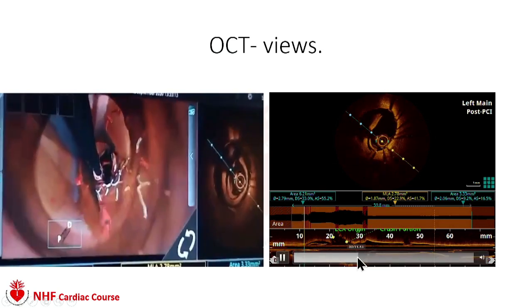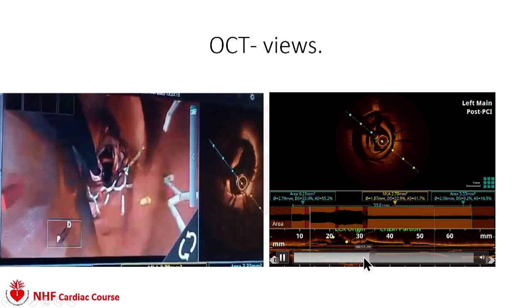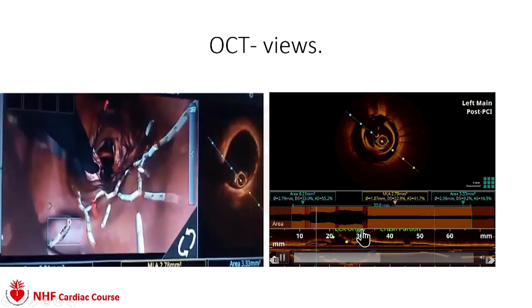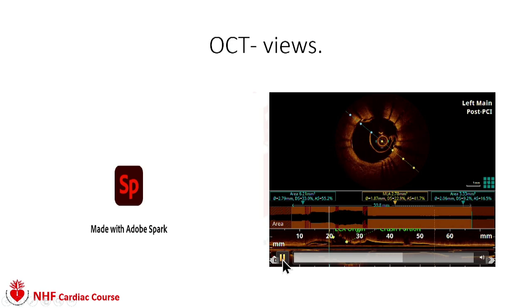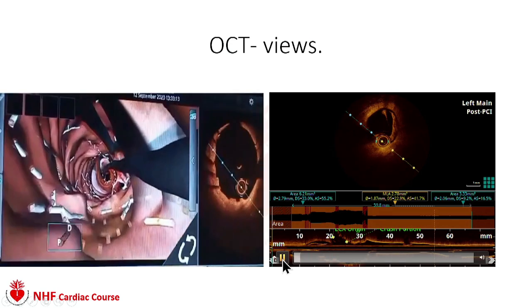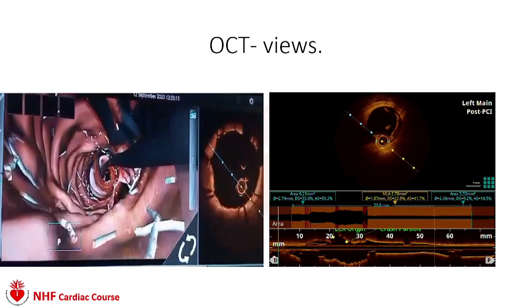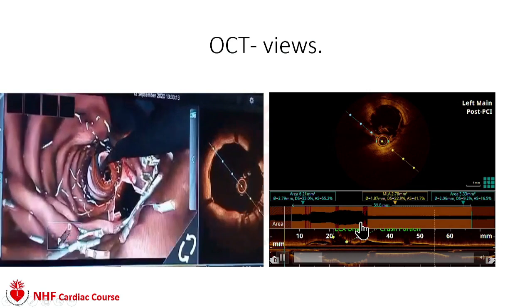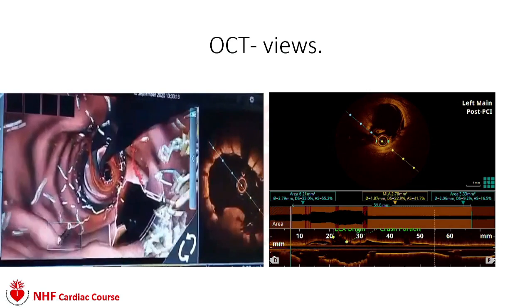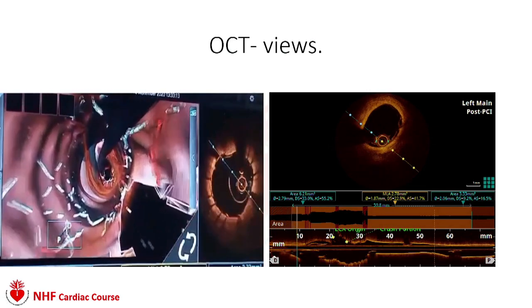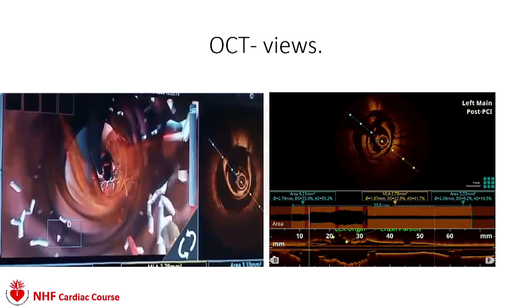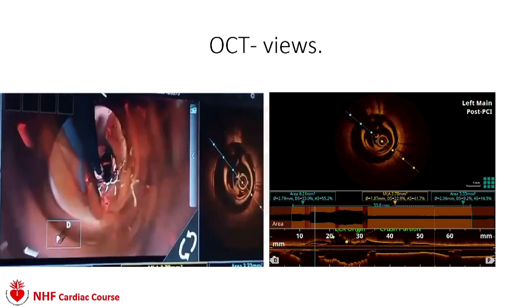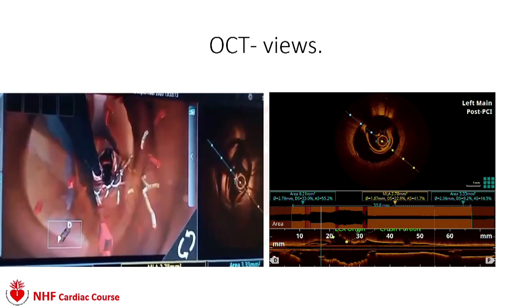And in cross-sectional view, the carina is well formed, if you see here. So OCT or IVUS both are important, and IVUS pullback from the LAD to left main as well as from the LCX to left main. Both pullbacks are important to see that.